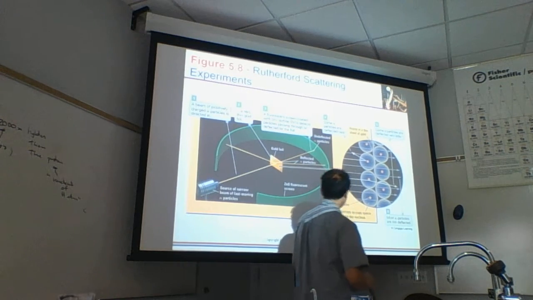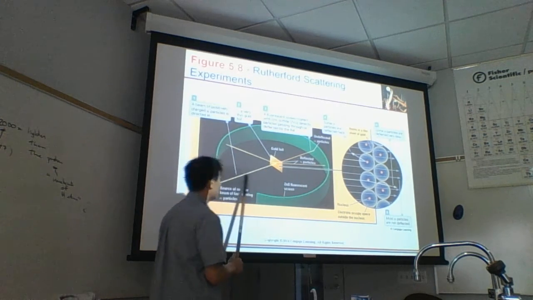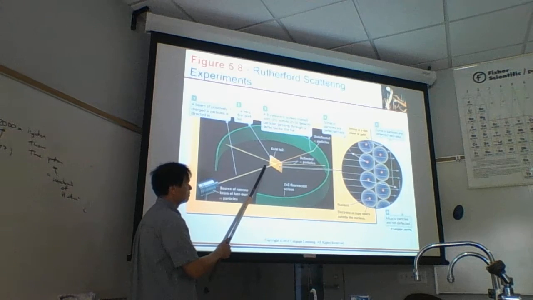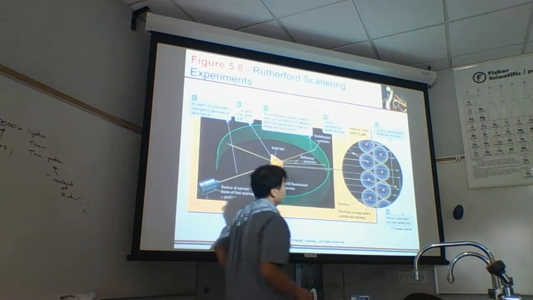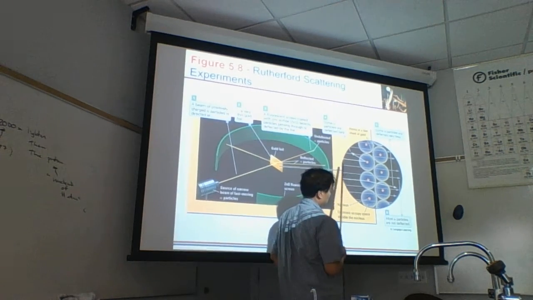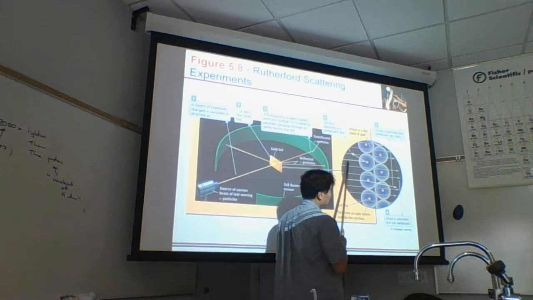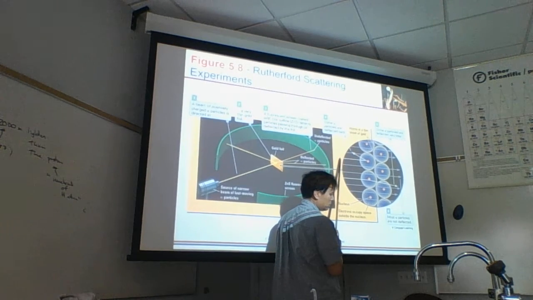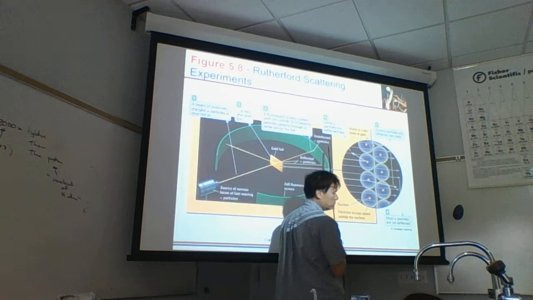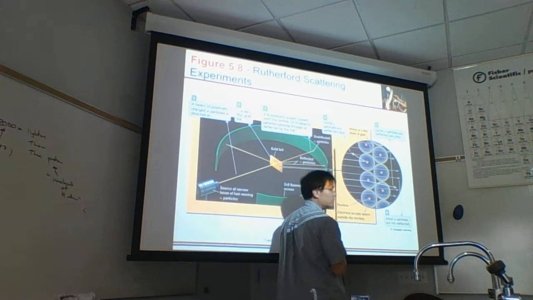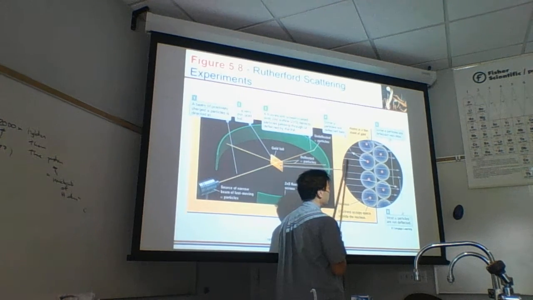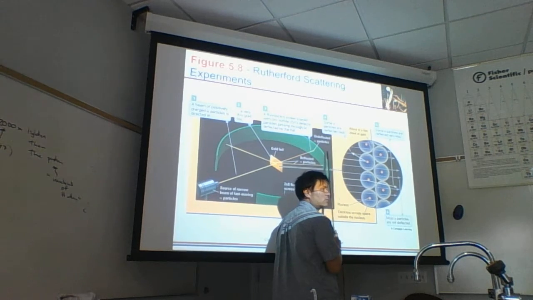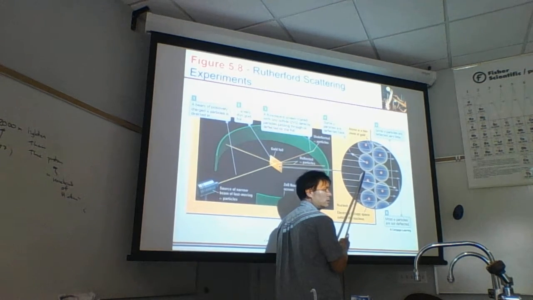It turns out that alpha particles, when these chunks break off, are positively charged. And so are positively charged particles attracted to what? Negatively charged. But if you have positively charged, are positive charges attracted to one another?